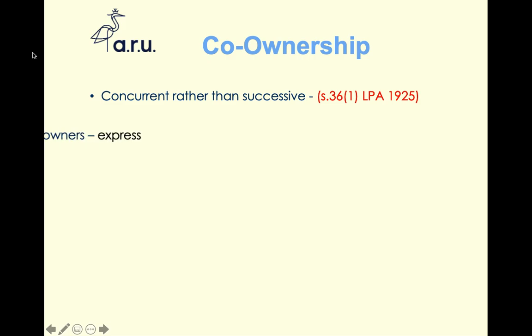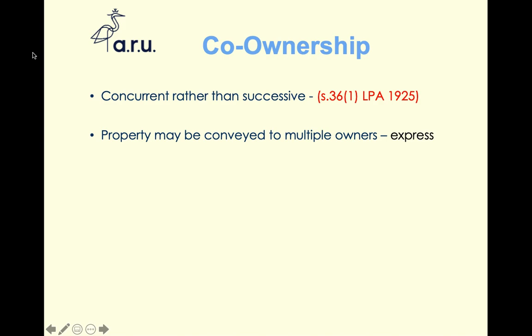So what that means is that the property can be conveyed to multiple parties, the property can be sold to many parties, and the legal owners will hold the property on trust for the equitable owners, even if that's themselves. These people who have bought together expressly will state that clearly from the get-go. So we could have had situations like that before.